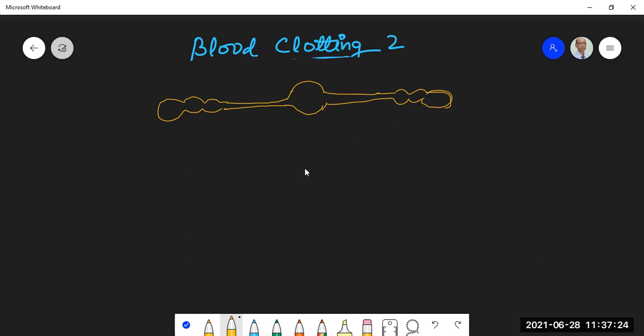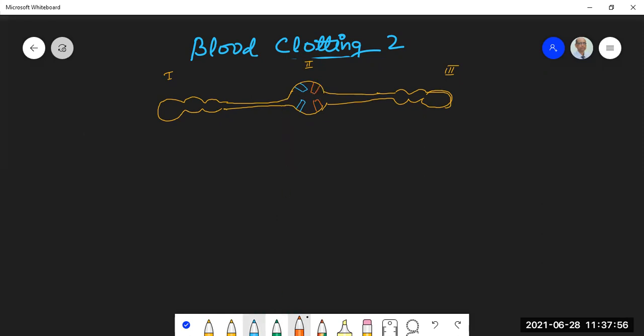So this is the structure of a fibrinogen molecule. There are three globular heads, 1, 2, and 3. And these three globular heads are joined by these two rods. And in the central globular region, there are 4 fibrinopeptides: 2 A peptides and 2 B peptides.